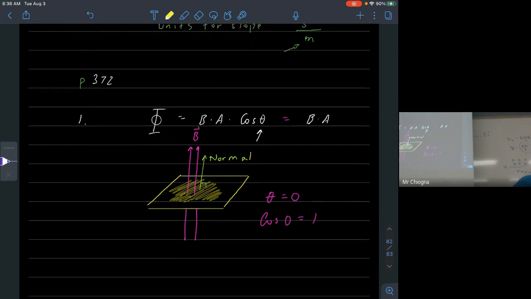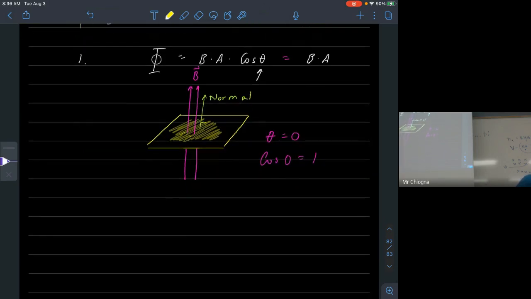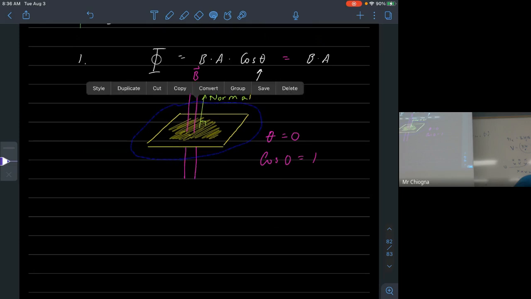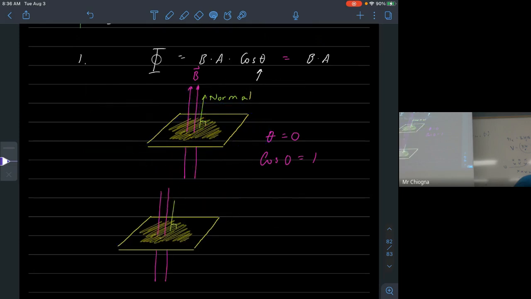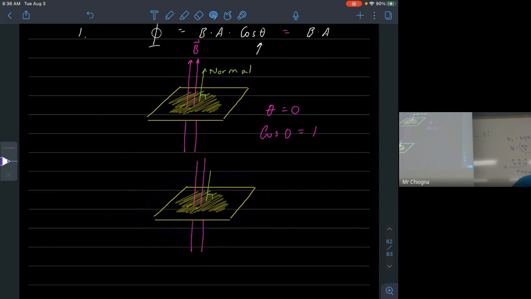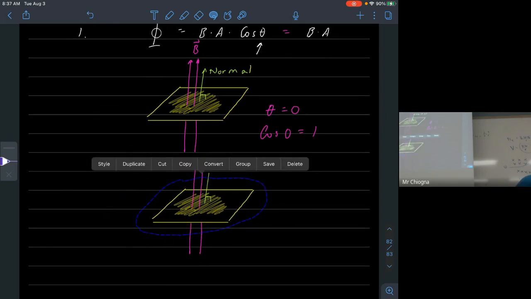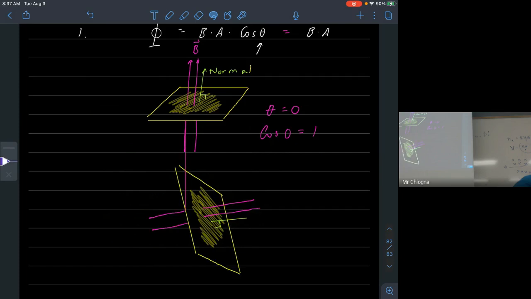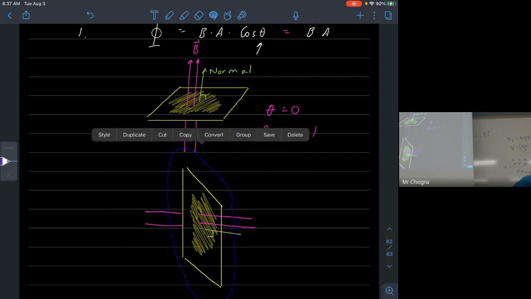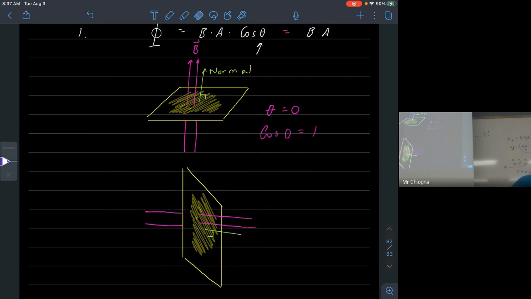So if you turn that same loop, you rotate it. Let's see if we can do that. I'm going to change a couple of things here. Rotate it like that. Don't copy it yet, please.